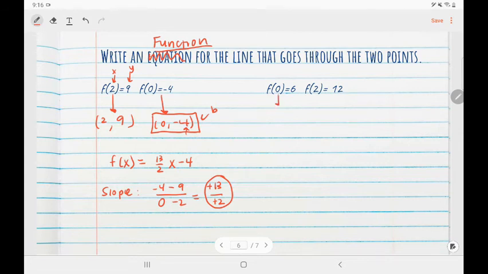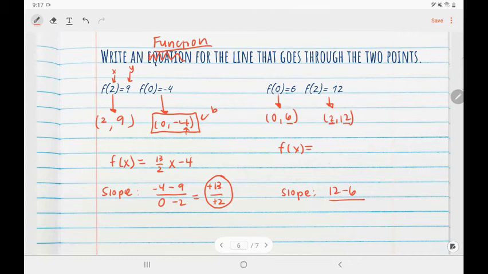All right, let's go ahead. First, convert. So 0, 6 and 2, 12. Second, I'm writing a function. So f of x equals, let's go ahead and calculate our slope. y2, so second y value is 12, first y value is 6.